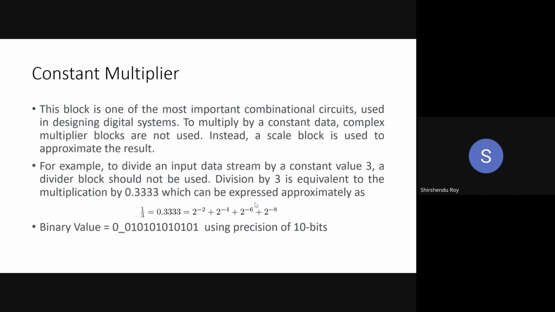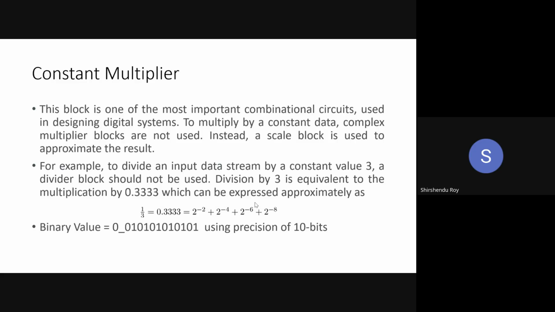To multiply any variable with a constant, we generally use a constant multiplier because it generally has less complexity compared to a regular multiplier. We will use a shift-add method to achieve this kind of multiplication. This block is also called a scale block.